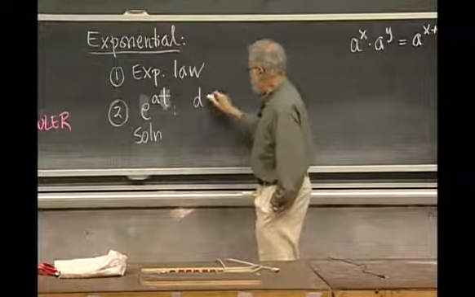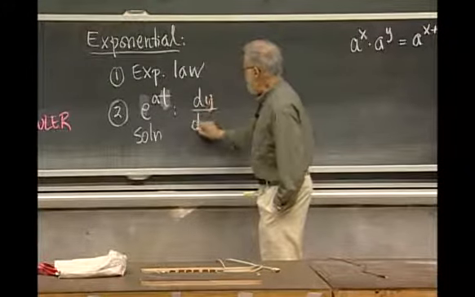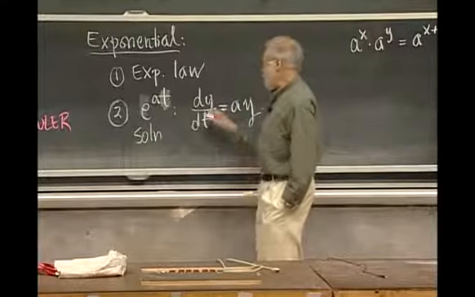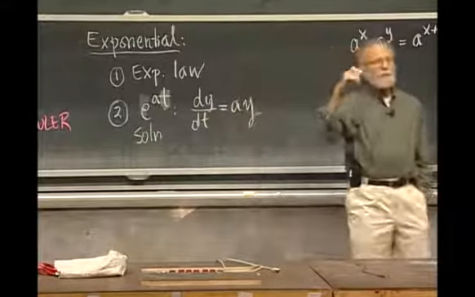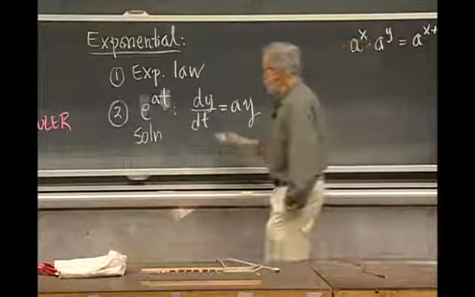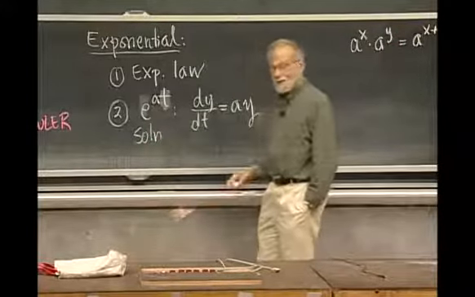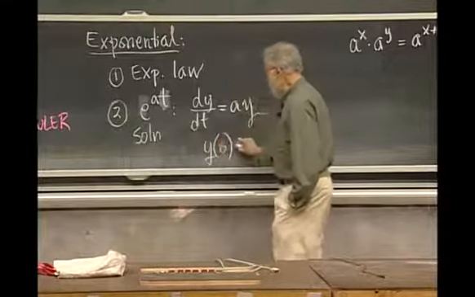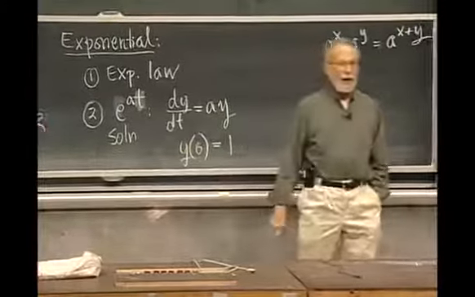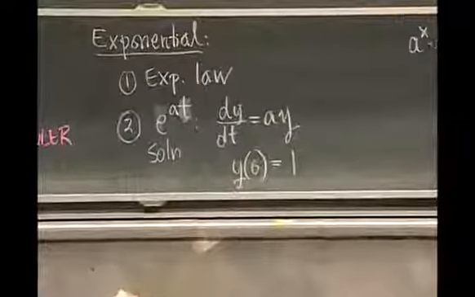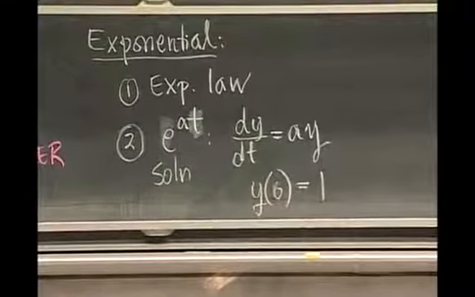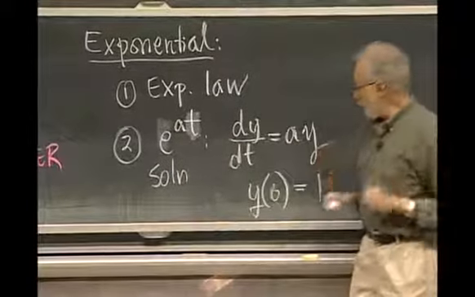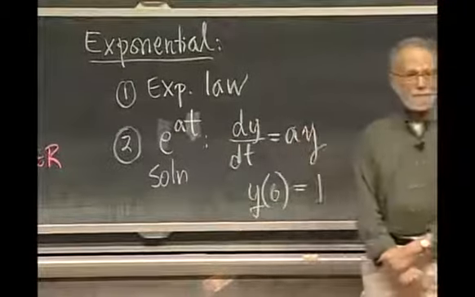That's a fancy way of saying it. dy/dt equals a times y. Now, of course, that is not unique. We could make it unique by putting an initial value. So if I want to get this function and not a constant times it, I should make this an initial value problem and say that y of 0 should be 1. And now I will get only the function e to the at. So in other words, that characterizes this function. It's the only function in the whole world which has that property.